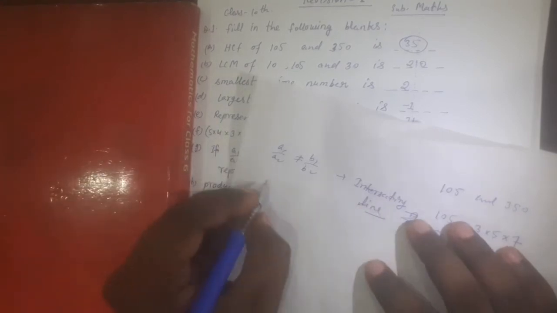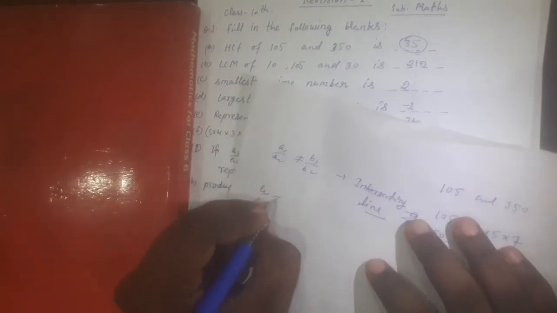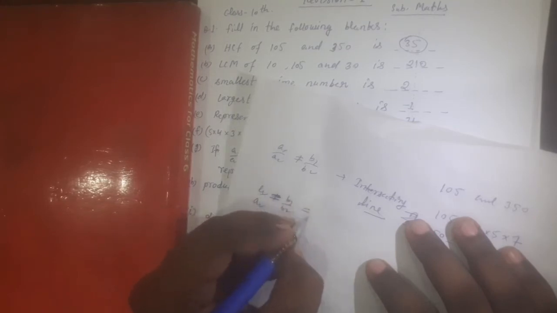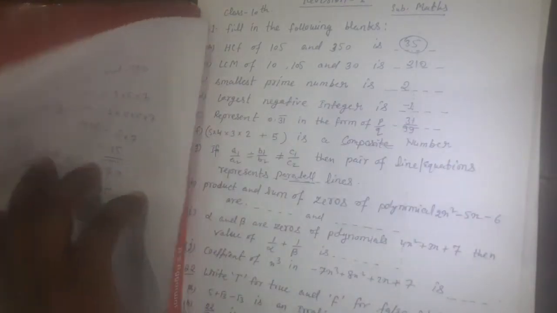Okay, and if a1 upon a2 is equal to b1 upon b2 and it is equal to c1 upon c2, then it is a coincident line, the same line, or coincident line. Okay, so it is very clear to you how we are doing this. Now we are moving to the next question H.